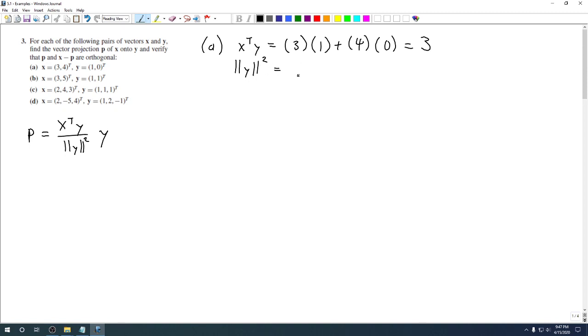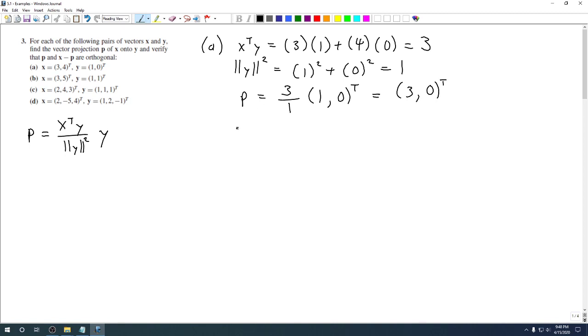So magnitude of y squared is 1 squared plus 0 squared, and that is a 1. So our p, we're going to take x transpose y on top, so that 3, divided by magnitude of y squared, which is 1. And then we're just going to multiply that by y. And remember, y is 1, 0 transposed. So we're just going to multiply 1, 0 by 3, and we get the vector 3, 0 transposed.